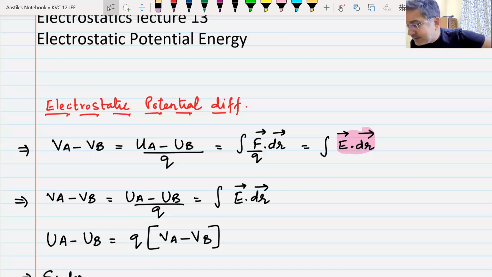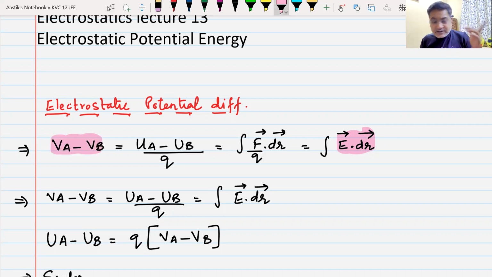Here, and I think we have already discussed this: potential difference between A and B, VA minus VB, will be nothing but UA minus UB divided by Q. Yes or no?